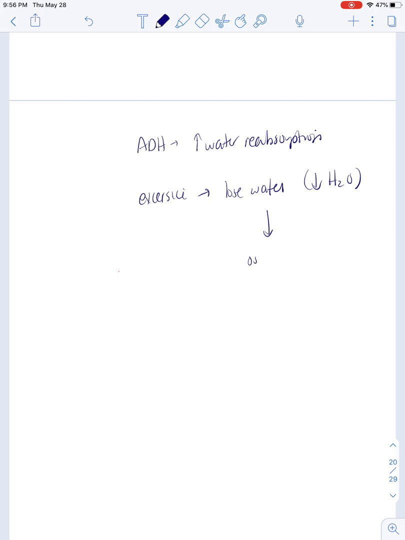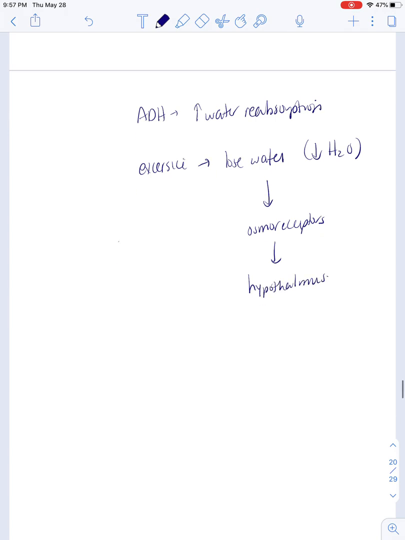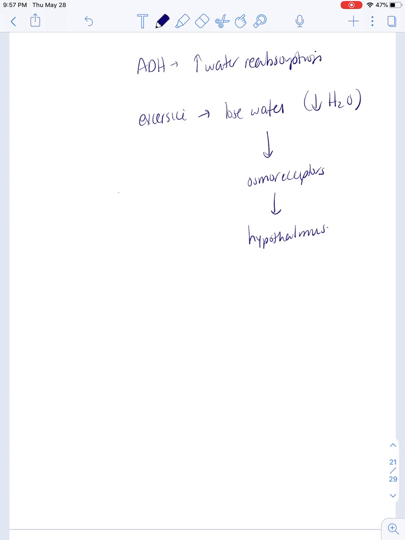You get receptors called osmoreceptors that activate the hypothalamus, and it's basically saying, hey, I'm thirsty, and then your brain will tell the posterior pituitary to release the HGH, the hormone. Now, a hormone is a chemical messenger, right? It travels through the blood.